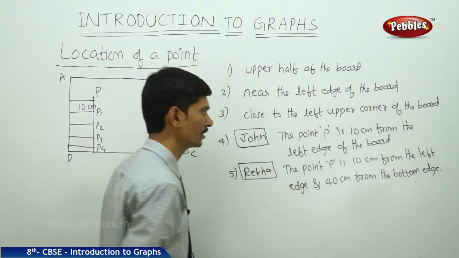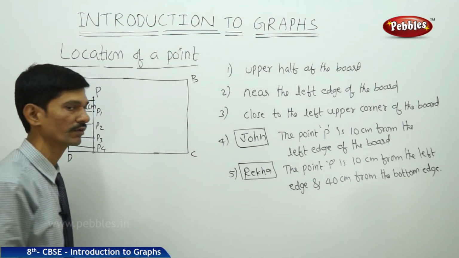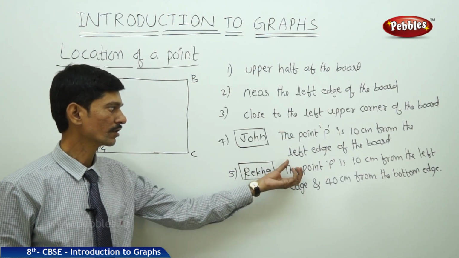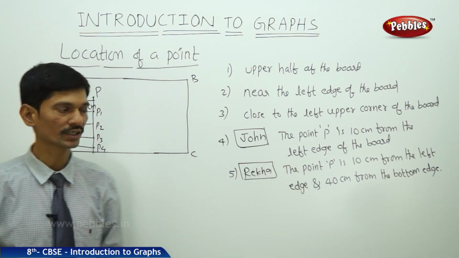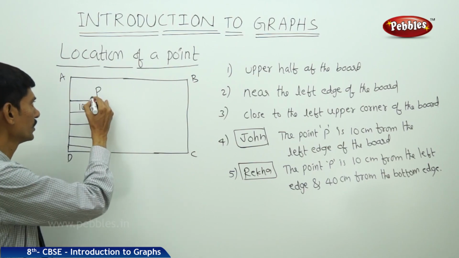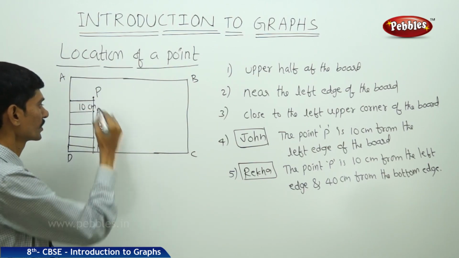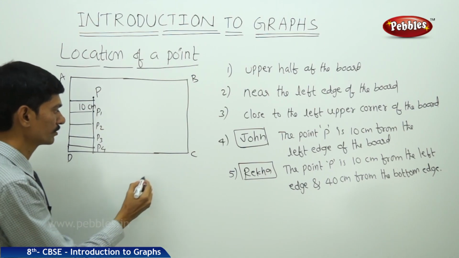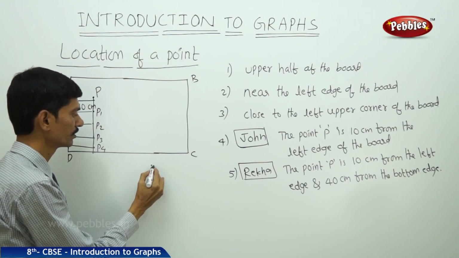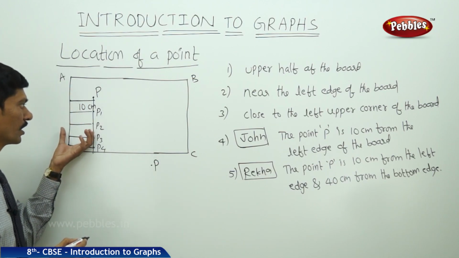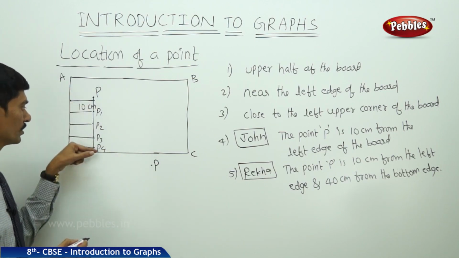Now this statement gives the exact location of the point P. According to Rekha's statement, this describes the exact location of the point P in the given plane ABCD. So we can locate a point P by taking the distance from the left edge and the distance from the bottom edge.